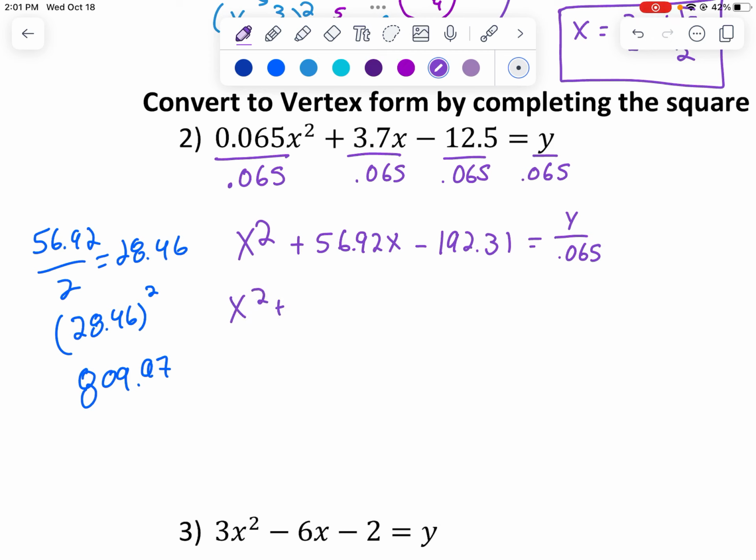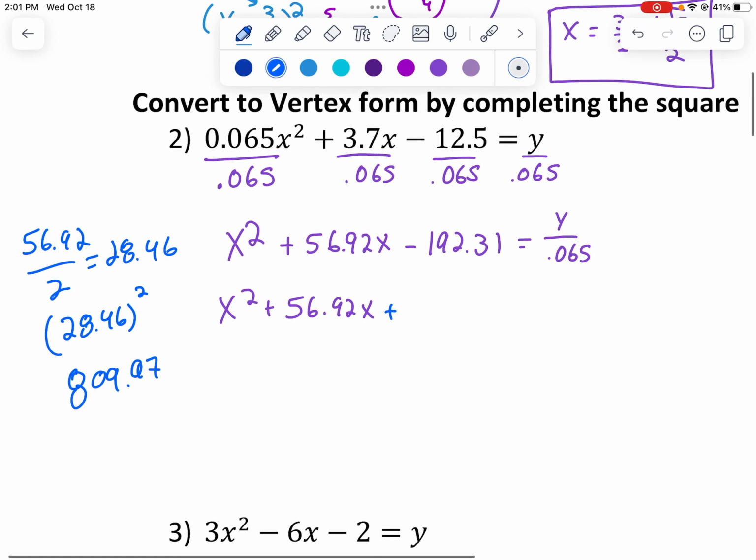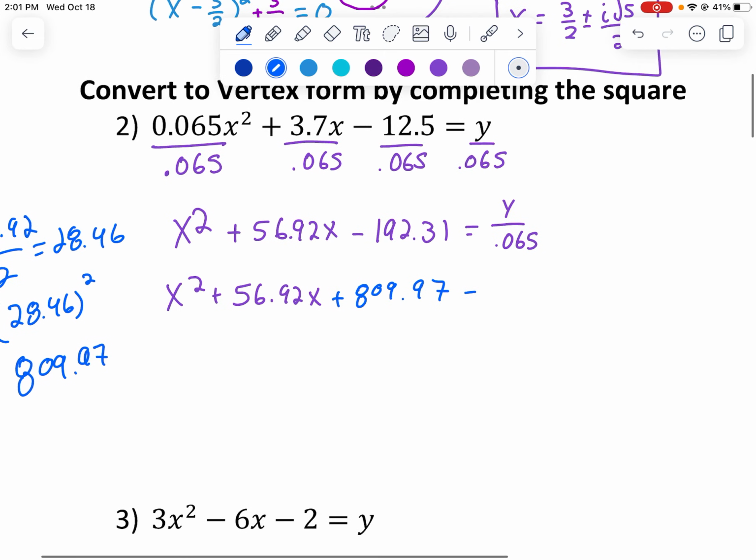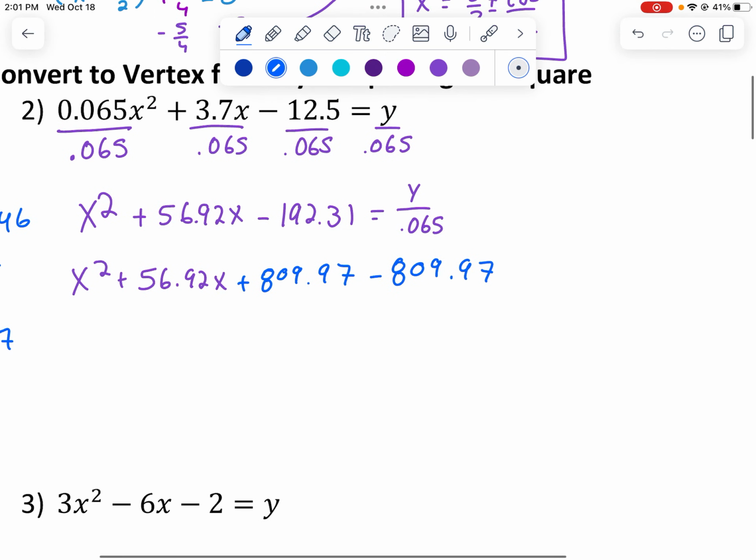So we have x squared plus 56.92x, and then we'll say plus 809.97 minus 809.97, and then that minus 192.31 will also drop down, equal to y over 0.065.